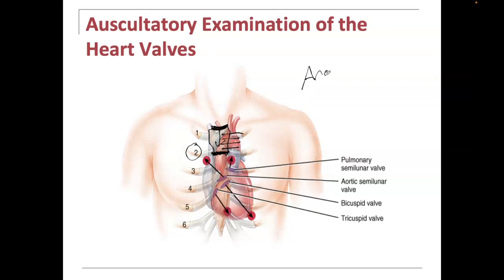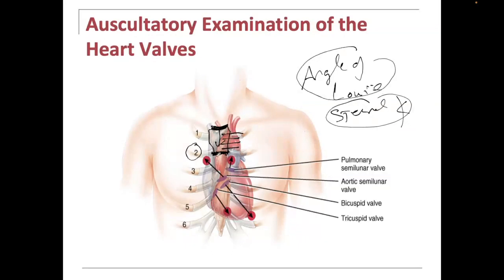We call it the angle of Louis. It's also known as the sternal angle. That bump is always at the second rib.